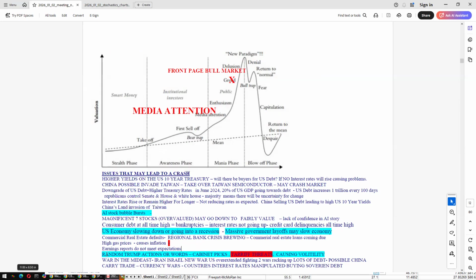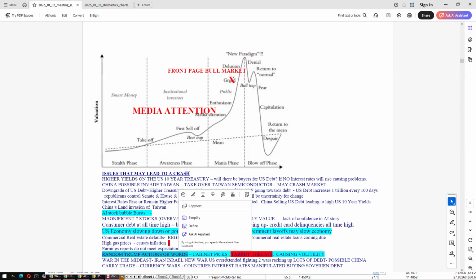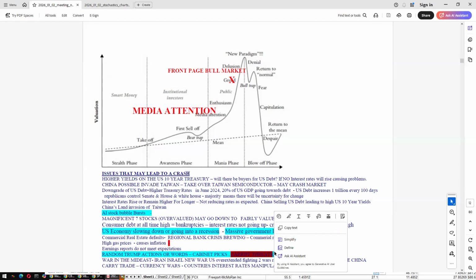And the biggest concern that I have is random Trump actions or words, such as taking over Greenland or taking over a NATO country, tariff threats, things that are going to affect the actual fundamentals of companies and the price of oil. Those are things that could have the stock market go down. But right now, we don't have a whole lot that could cause a crash.